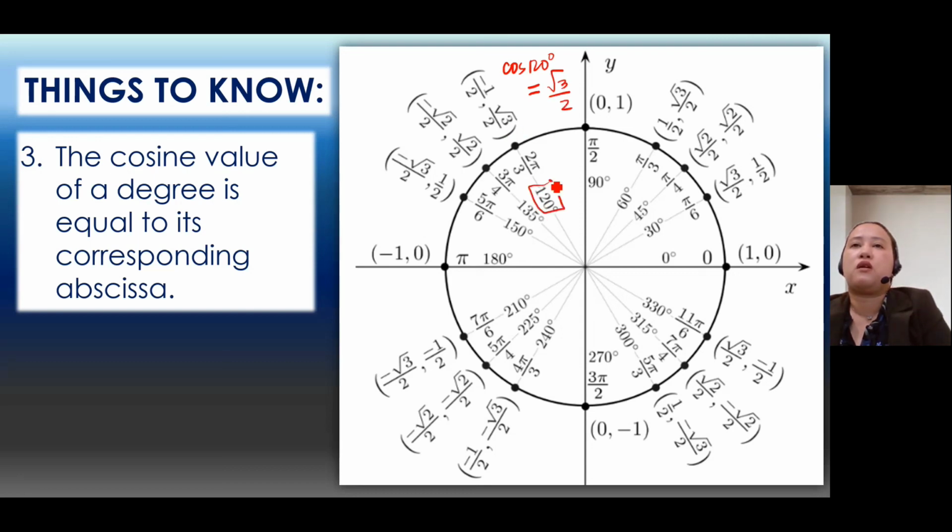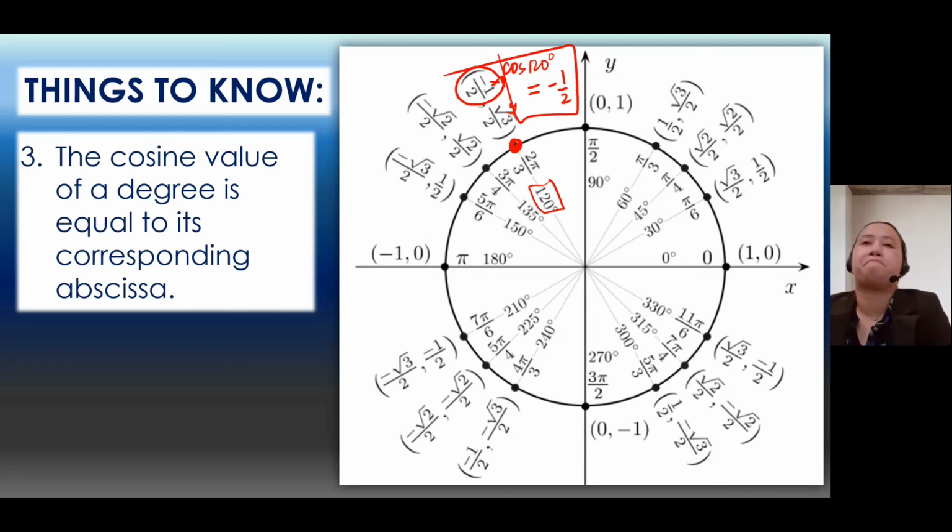Remember, here is our 120 degrees, this point. This is the x, and then this is the y. And then, correction. The abscissa is the x. Okay, just to correct it. The abscissa is the x, so the cosine of 120 degrees is negative 1 over 2.